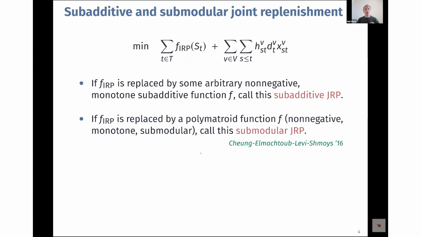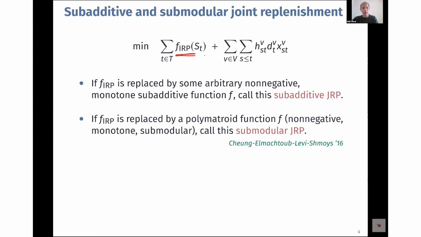Okay. So another reason I wrote this problem in this form is that there's a related problem that looks very similar, which is if I keep the same problem except I change this cost function f, which represented TSP cost or minimum spanning tree cost in the IRP, to some other function.